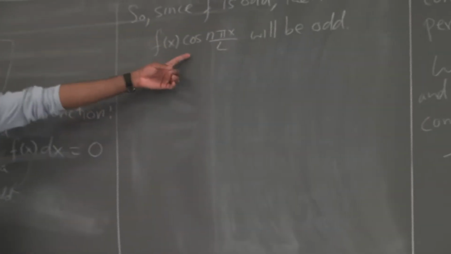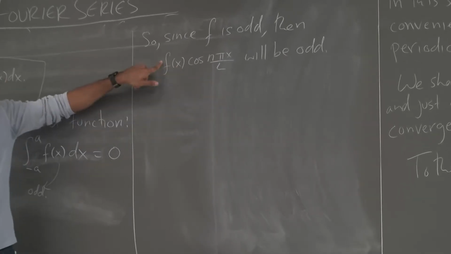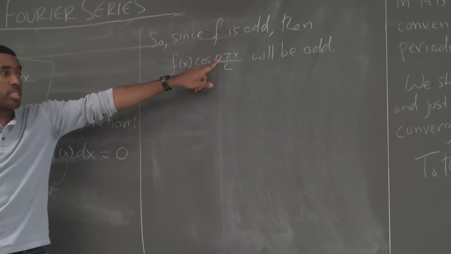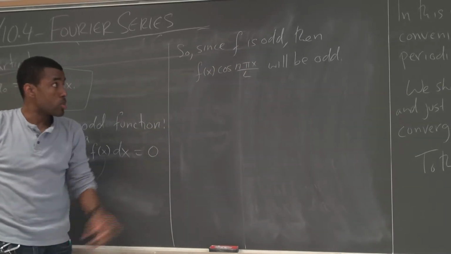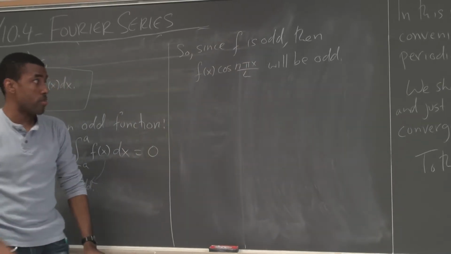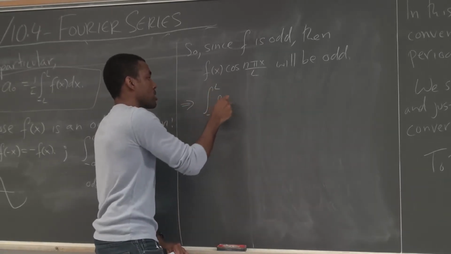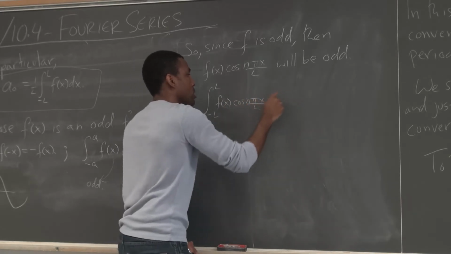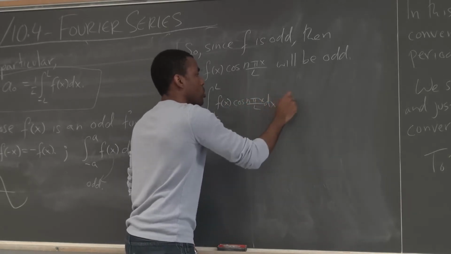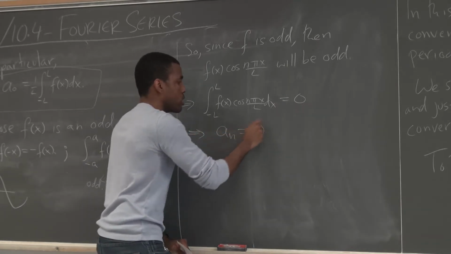Because an odd function times an even function is odd. So if you replace x with minus x, this gives you a negative sign. If you replace x with minus x, this makes no difference. So overall, the function changes by a negative sign, which means the integral from minus L to L of f of x cosine n pi x over L dx will be equal to 0, which means all your an's will be equal to 0.